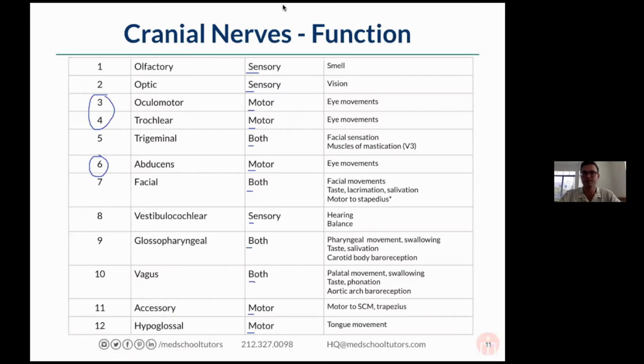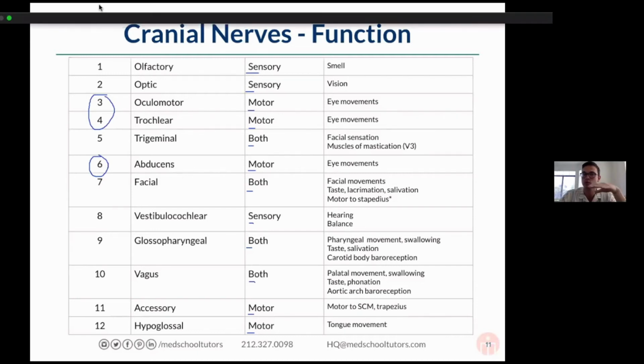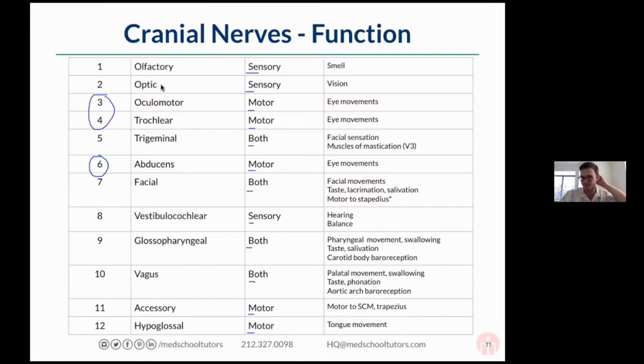Matthew says no extraocular movements, and I would agree, right? If you knock out one of them, you're going to lose some particular movements. But if you have a clot back in the cavernous sinus that's going to compress all 3 of them, your eyes are not going to move at all, right? So these are the only ones that are going to really move your eyes in a purposeful, voluntary way.